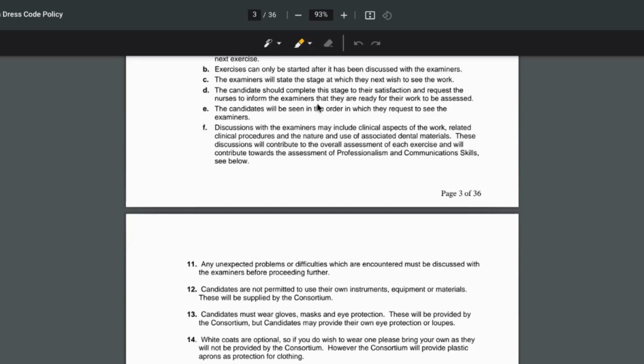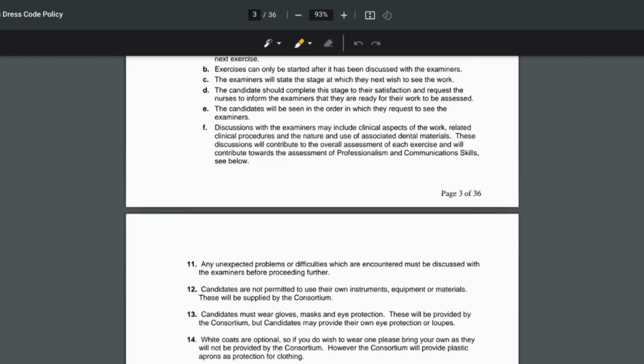There will be a board placed on the wall in your vision, and the nurse will write down the numbers, your roll numbers or whatever numbers, to identify the order. The examiner will see the candidates in that order only. So that is what happens there.